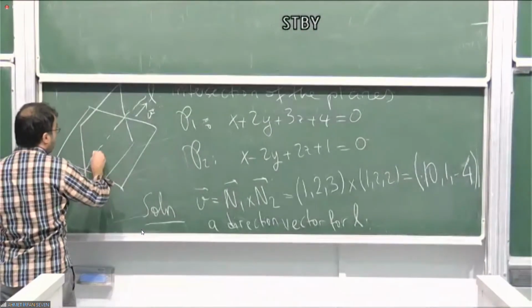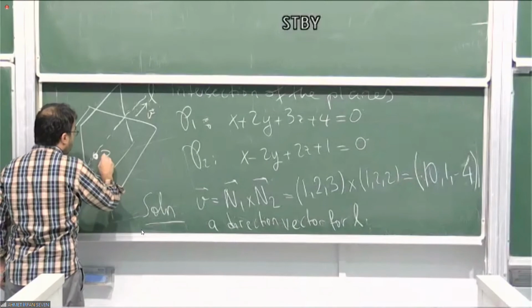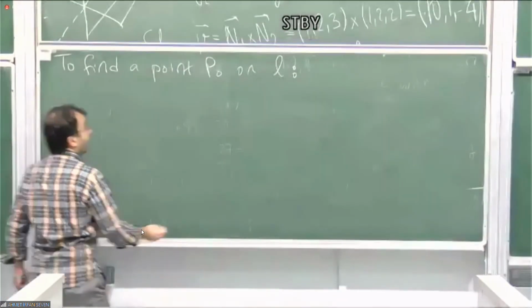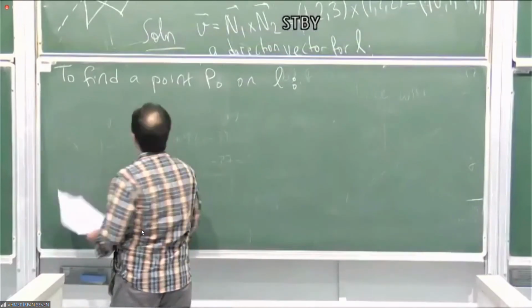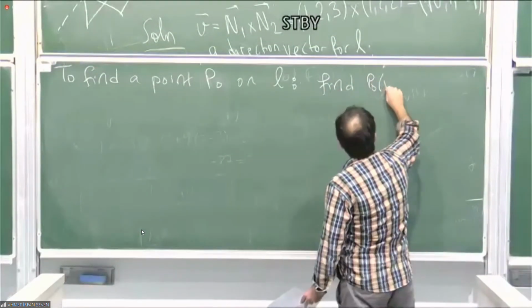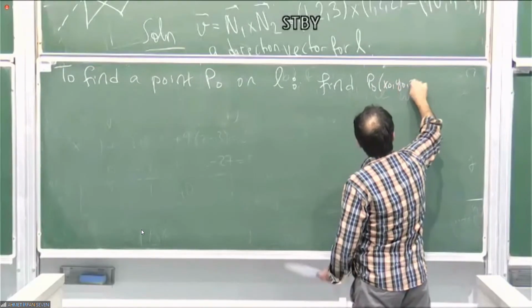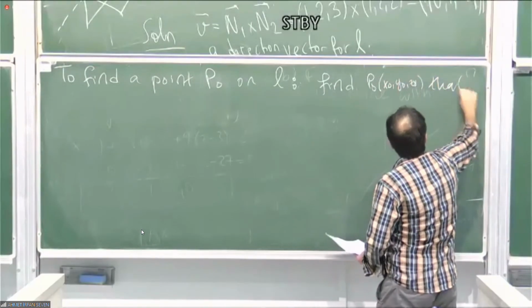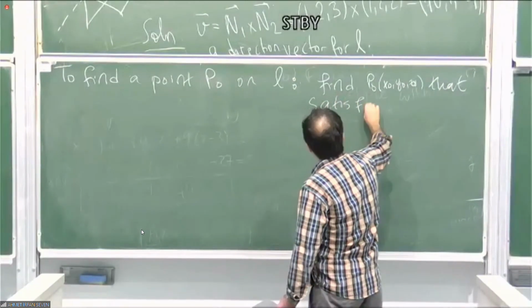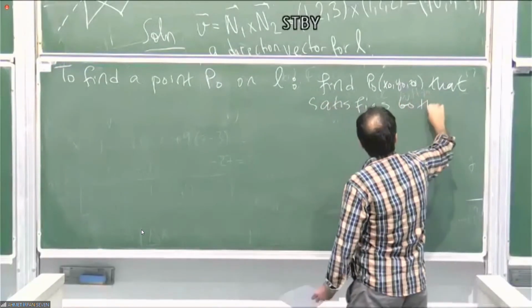P0 will be on this line, but the line is the intersection. So I need to find P0 = (x0, y0, z0) that satisfies both of these equations.